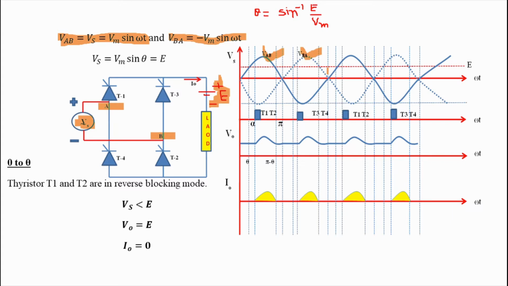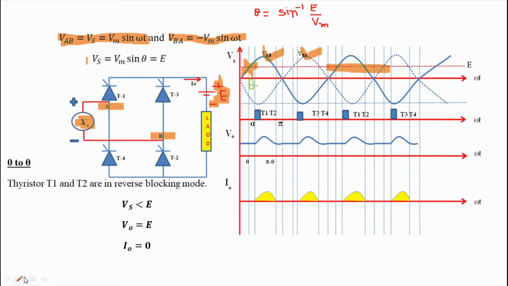Now this red dotted line is the waveform of EMF E, and we can see that this waveform of EMF E intersects with the source voltage at this point theta. So this is theta where the waveform of EMF E and the source voltage intersect.